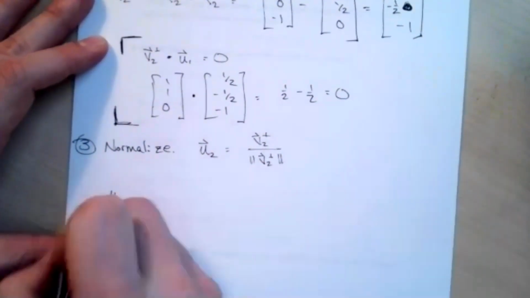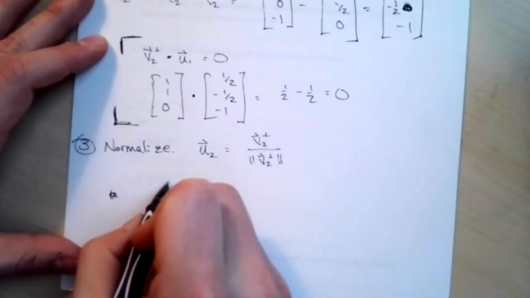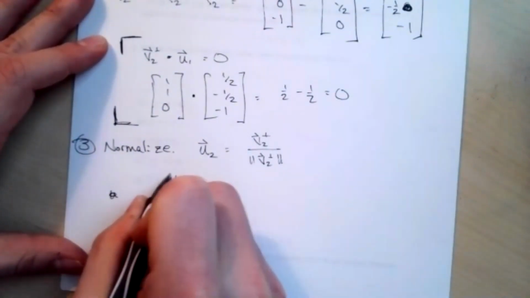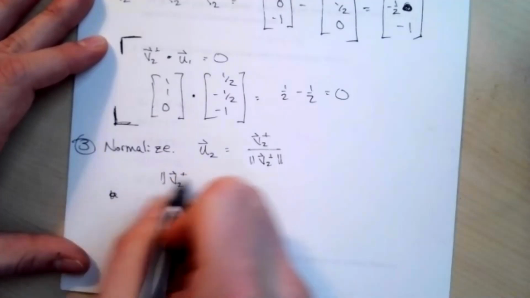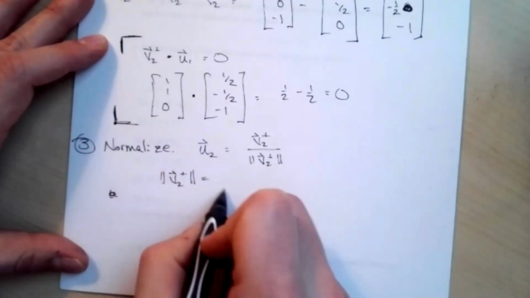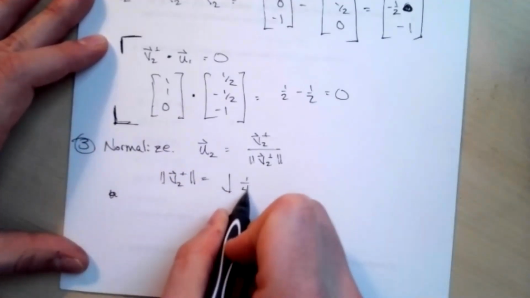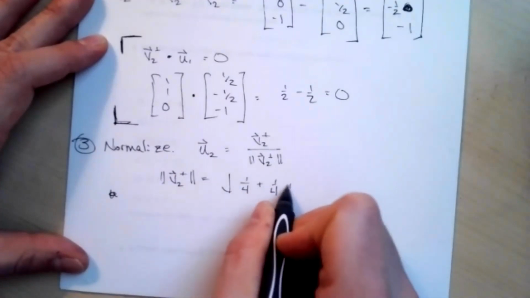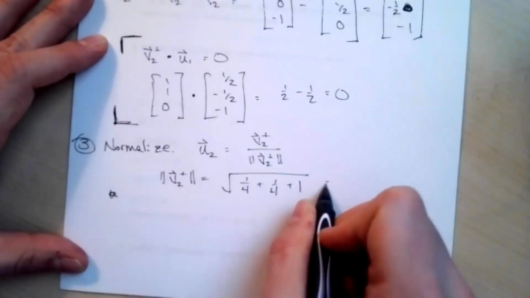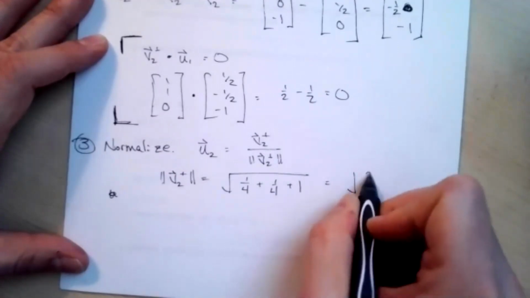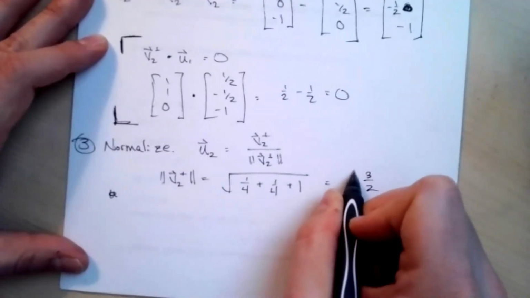So let's go ahead and, I guess, compute that first. Let's see. So V2 orthogonal normalized is going to give us the square root of 1/4 plus a fourth plus 1. So square root of 3/2.